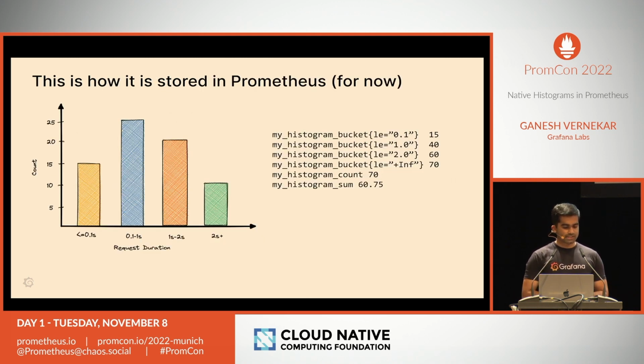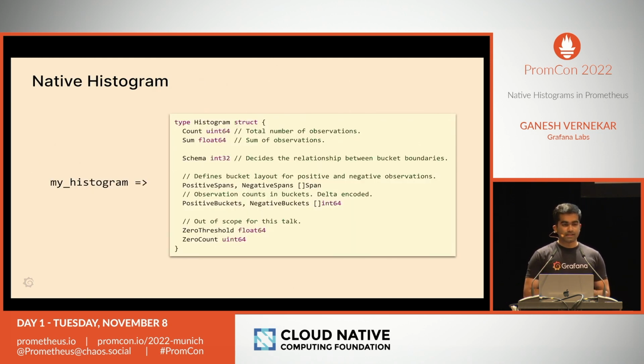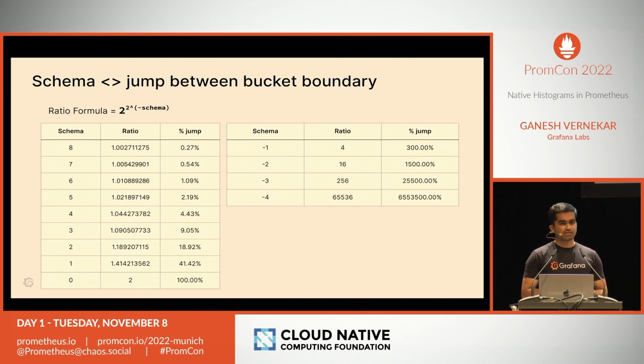The 0.1 seconds and 1 second, all those things we call bucket boundaries, and the schema defines what the bucket boundaries can be. The positive spans and negative spans tell you which buckets are filled. Positive spans are for positive observations, negative spans are for negative observations. And positive buckets and negative buckets hold the actual observations in them. We'll ignore the other two parameters for this talk, but now let's see how we store these native histograms.